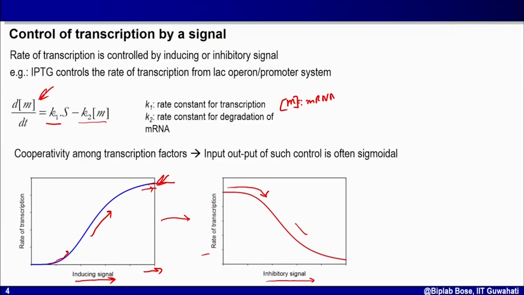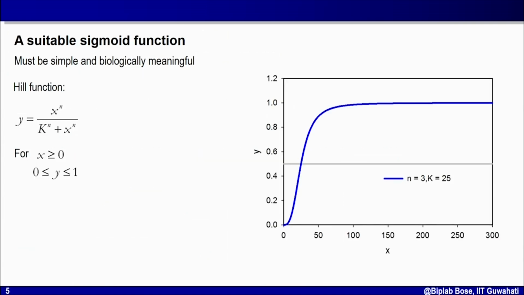Now, that means if I have a system where transcription rate has a sigmoidal relation with input signal, I cannot use this simple linear relationship of K1 into S. So how can I modify this equation to reflect the sigmoidal behavior that people are observing in experiments? Now remember, you can write mathematically a large number of different sigmoidal functions.